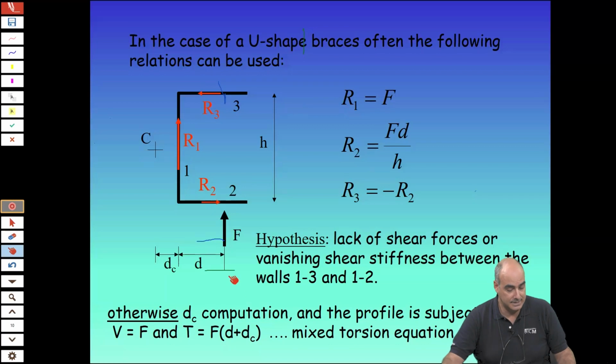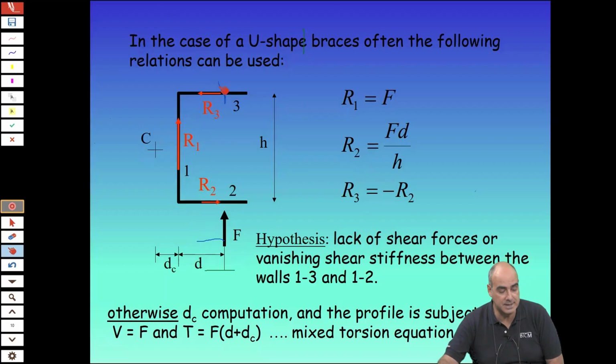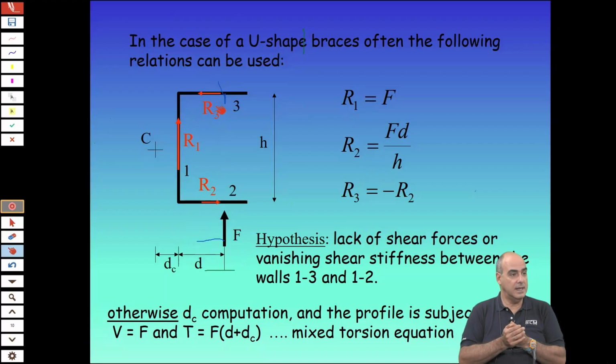But then you see, R1 equal to F, but F is here. So there is this distance here, D. So there is a torsion contribution. And how is this torsion contribution taken? Well, it's taken by these opposite forces in the other walls.